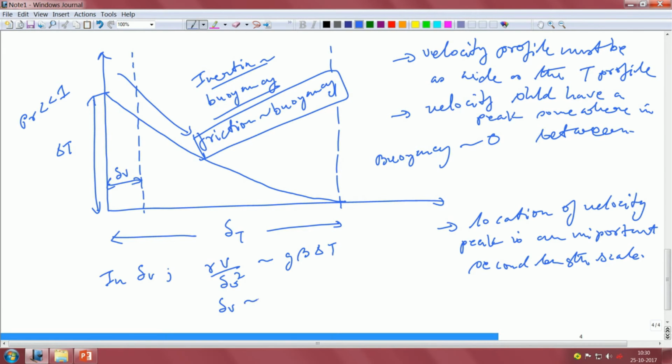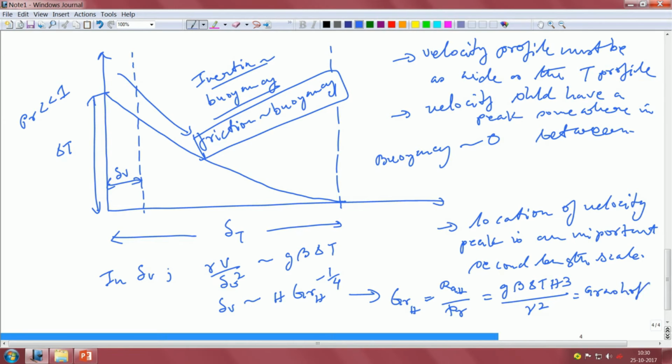So, from there you can devise your scale will be something like this, right, where this GrH, this parameter that you are actually seeing, is basically Rayleigh number divided by Prandtl number, right. In other words, it is written as g beta delta T H cube divided by nu square, right. In other words, this is called the Grashof number.